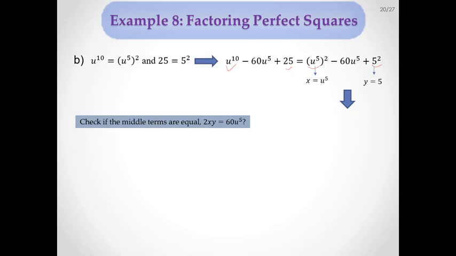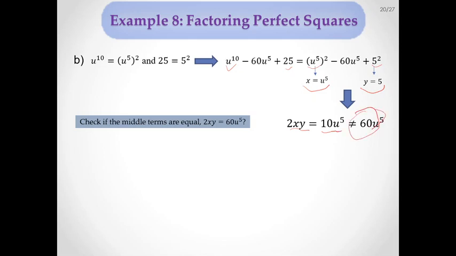Then we check the middle term, if 2xy is equal to 60u to the 5th. Now we check if x is this and y is this, so 2xy is 10 times u to the 5th, which is not equal to 60u to the 5th.